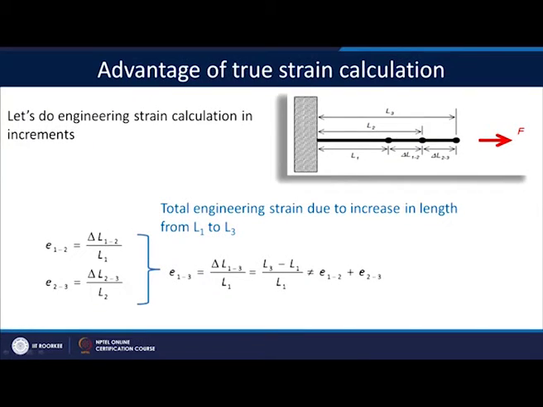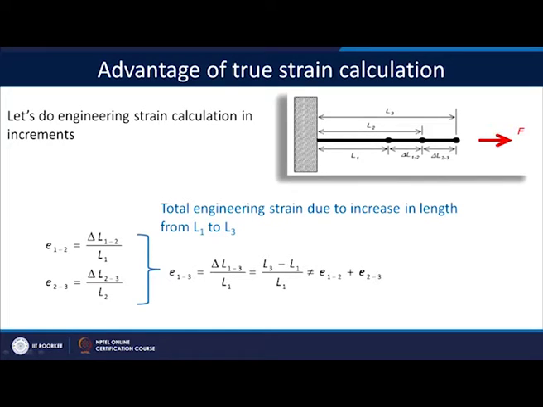But if you do a summation here of these two, it is very simple: L2 will be multiplied here, L1 will be multiplied here, and at the bottom you will have L1, L2 and so on. That quantity is not equal to L3 minus L1 upon L1, or in terms of delta L, it will not be equal to delta L13 upon L1.